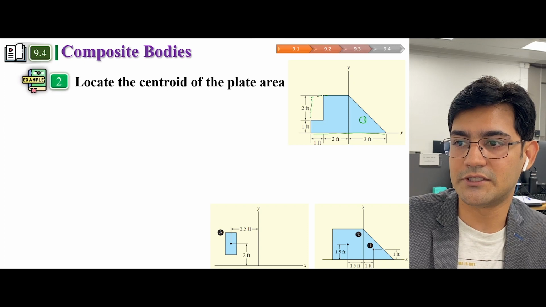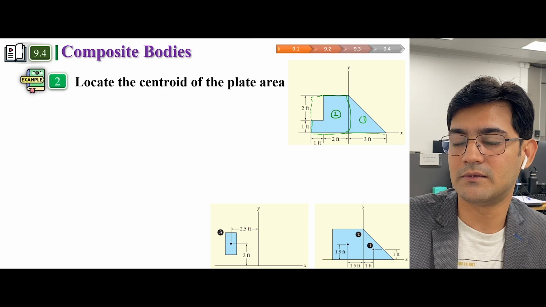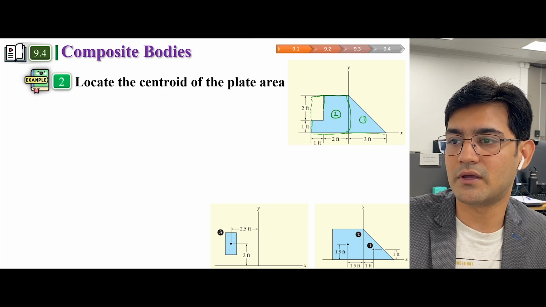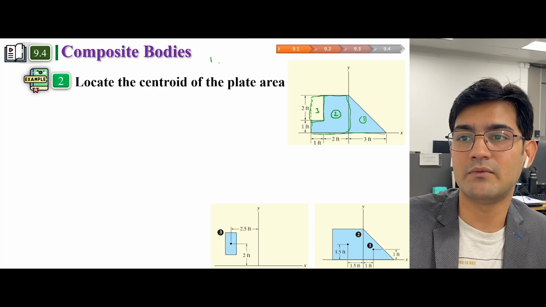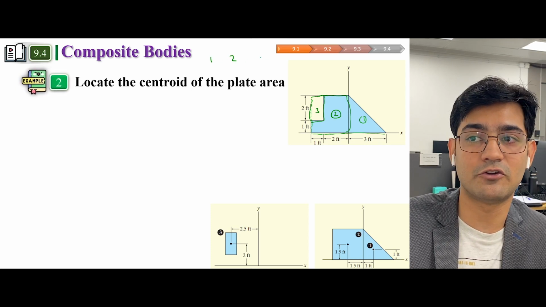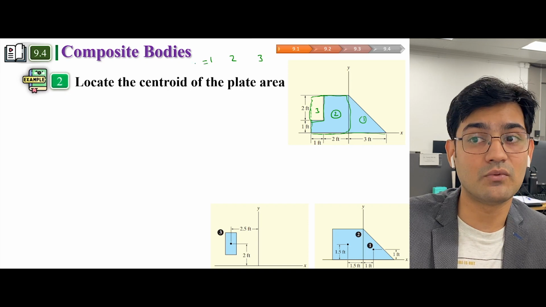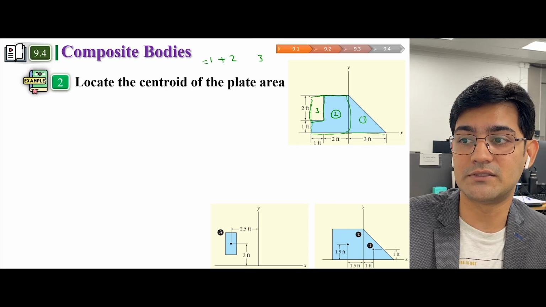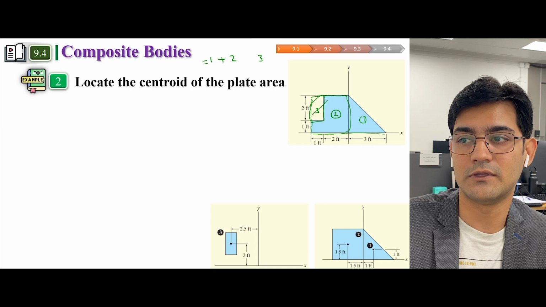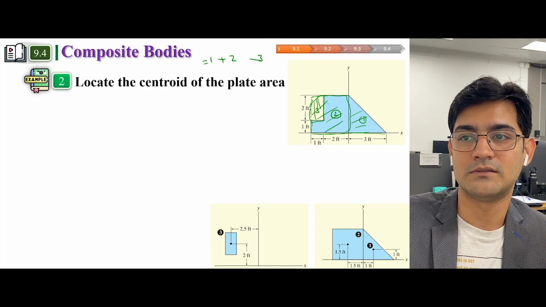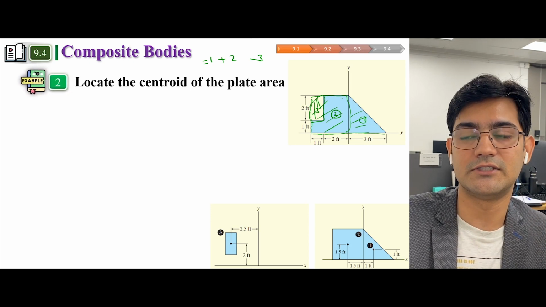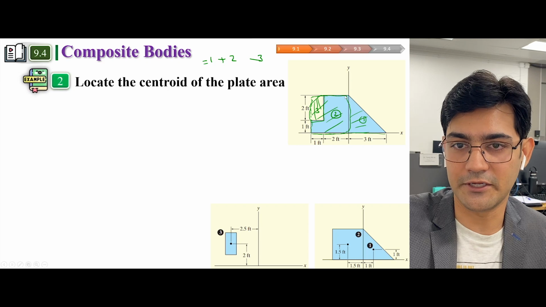This is also a square, and this square would be segment 2, and this square is segment 3. If we know the centroid of segments 1, 2 and 3, we can calculate the centroid by adding 1 plus 2 and subtracting 3, and that gives the centroid of this composite body.